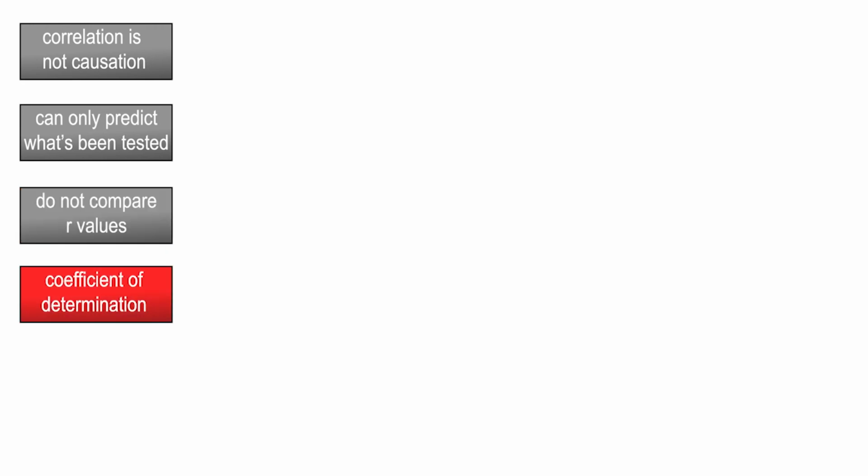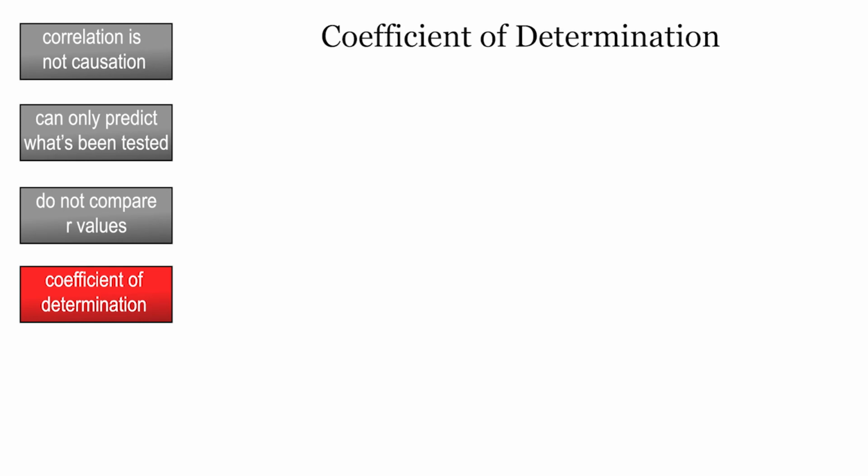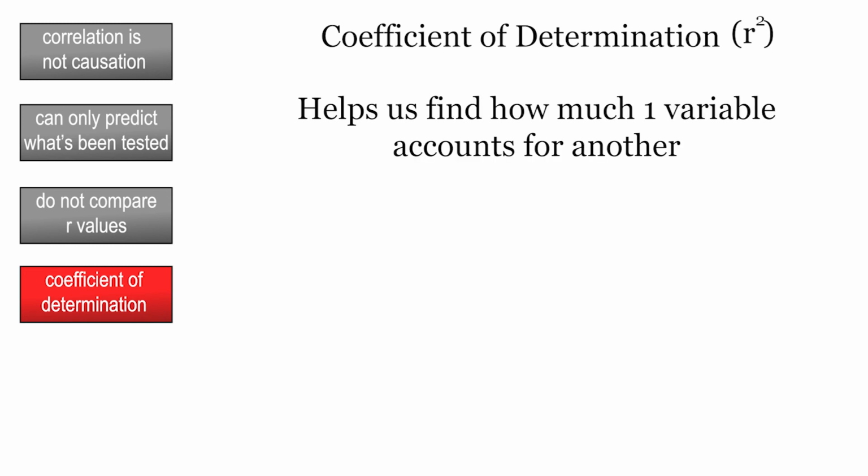Another important concept is our coefficient of determination. Our rho values can be squared to find this coefficient of determination. Don't get hung up on that term too much. Just know that it quantifies how much one variable accounts for another variable. And this is actually a pretty useful tool.